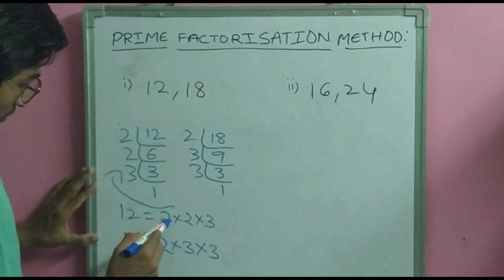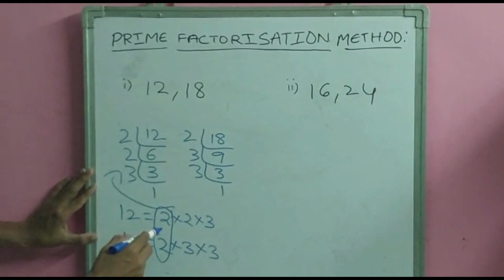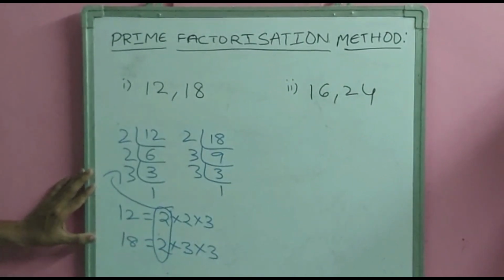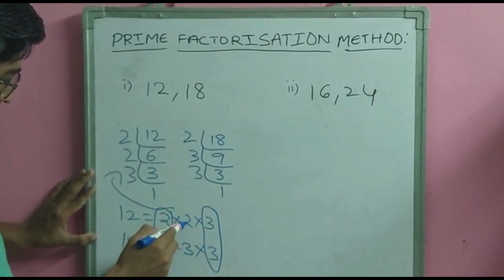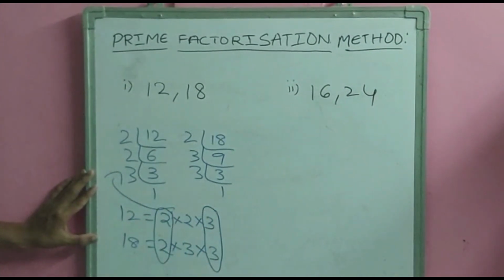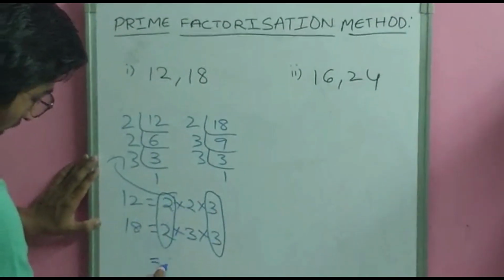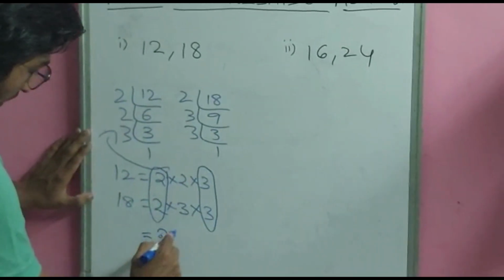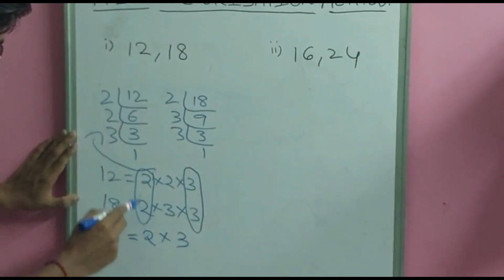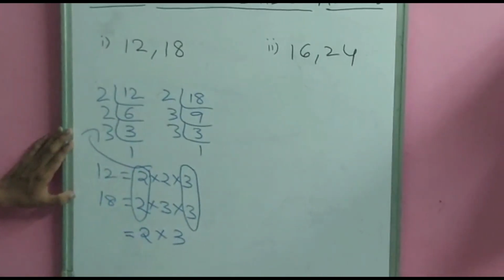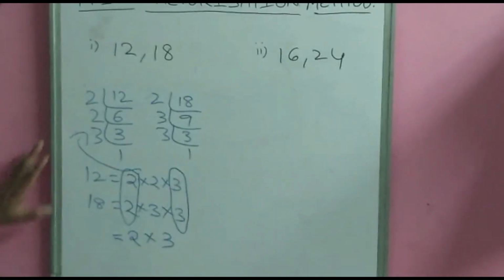Now we should select the common terms in both. 2 is common between 12 and 18, and 3 is common. The other 2 and 3 are not the same, so we should leave those terms. We write one 2 and one 3. Don't write two 2s here; we should write only one 2, the common term in both cases.